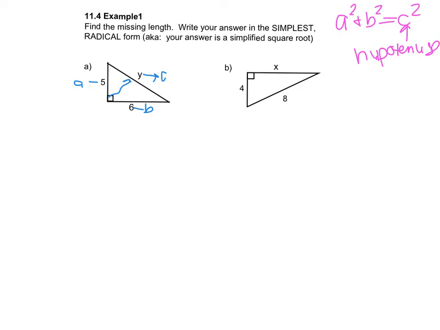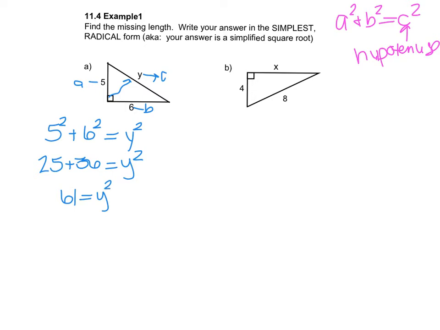So here, if we now apply the formula, we have 5 squared plus 6 squared. So our two side lengths squared and added together that are not the hypotenuse are equal to the hypotenuse, which is y squared. So from here, if I start this problem, I have 25 plus 36 is equal to y squared. 25 plus 36 is 61.